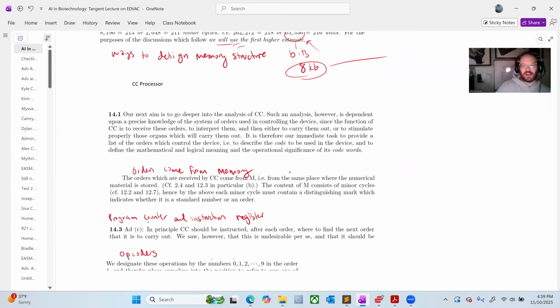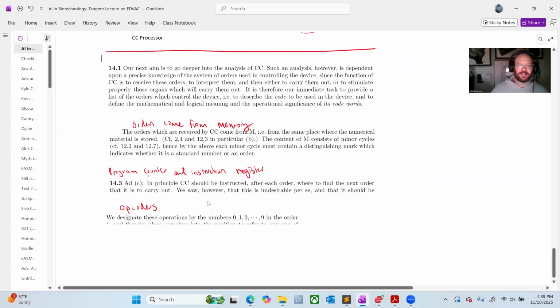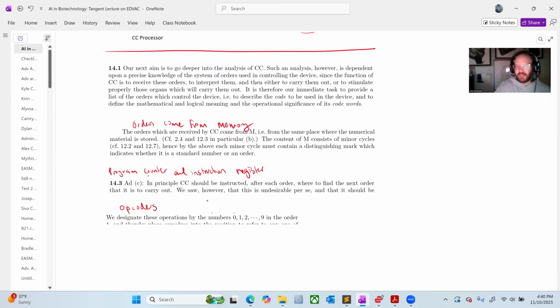Okay, then he talks about the processor, how to build the processor. So in order to build the processor, you have to delineate or enumerate the very precise system of orders used in controlling the device. So you need to actually have an itemized list of every function that the computer can do.